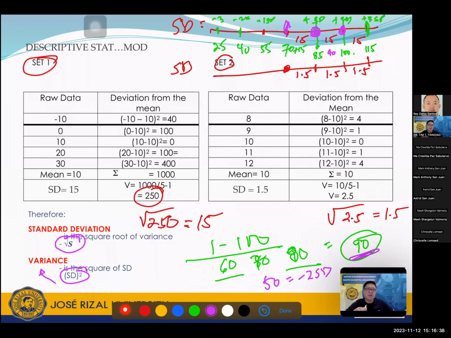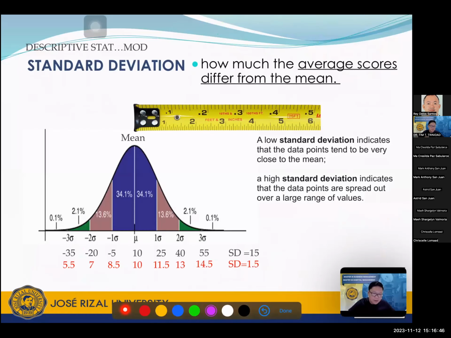While your standard deviation is a measurement. Okay, do you understand now? You get my point? Yes, sir. Okay, so that your standard deviation would look like this. Standard deviation is how much the average scores differ from the mean. So it means how much, a specific value.